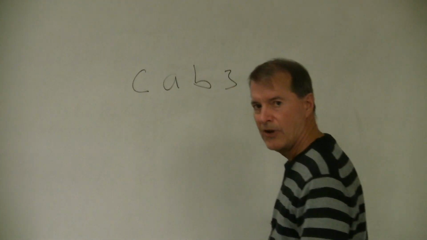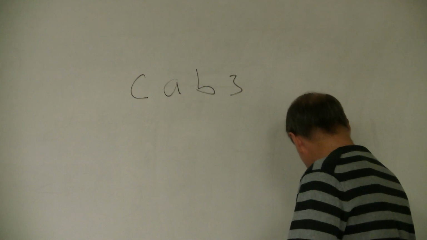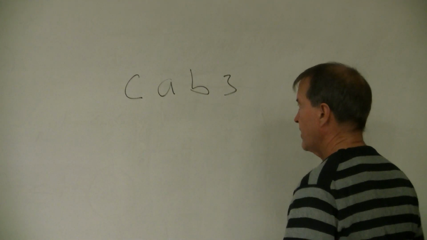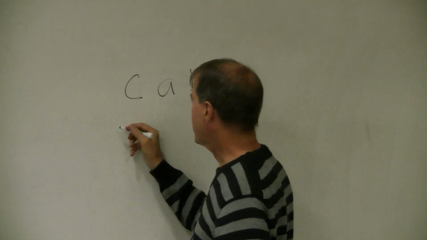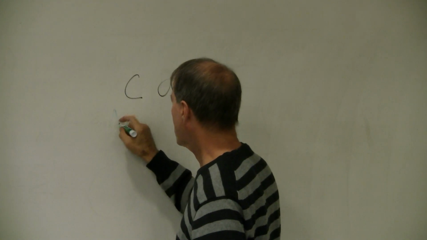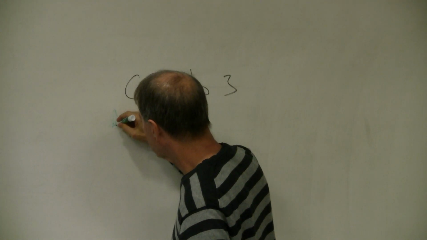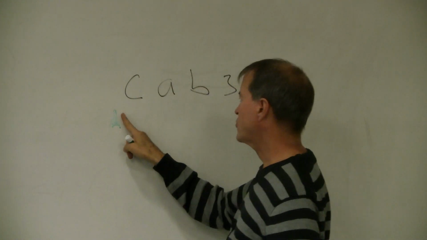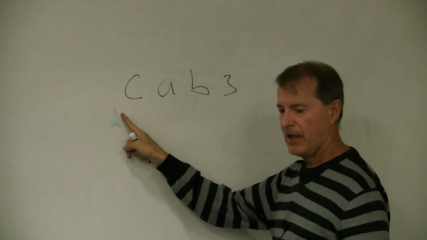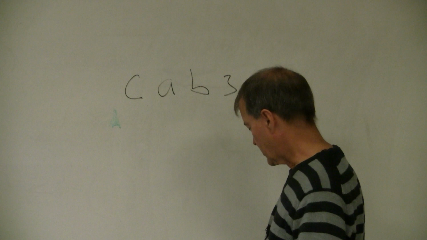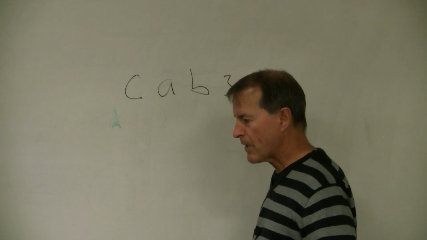CAB3. Now what you have to do is imagine that there is a little marker and you're starting at the start of the string. So here's the marker, right? And you start here. Here's what you imagine happening.